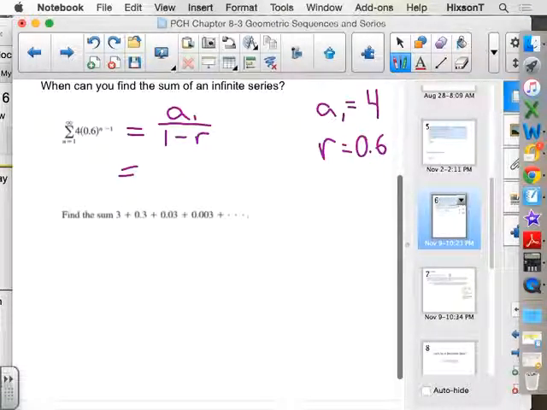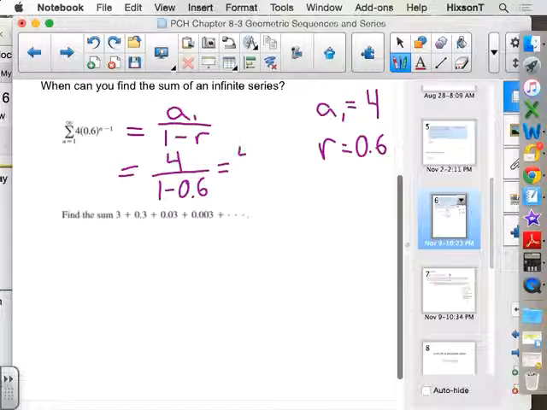So we have 4 over 1 minus 0.6. That's all there is to it. Do you leave it like that? No, you would find the value. That will end up being 4 over 0.4, which is 10.